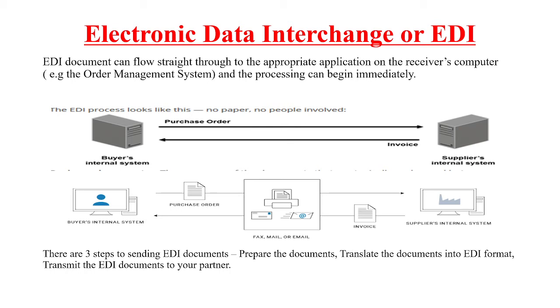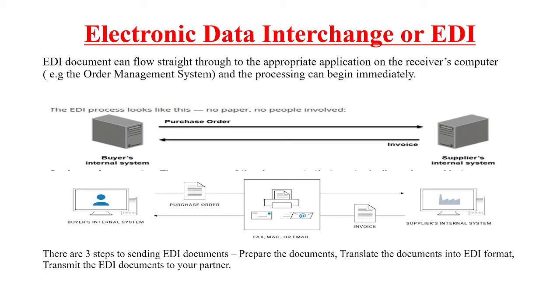The steps involved in this process are: one, prepare the document; two, translate the document into EDI format; and three, transmit the EDI document to the partner. This is what we have represented in the next picture below.